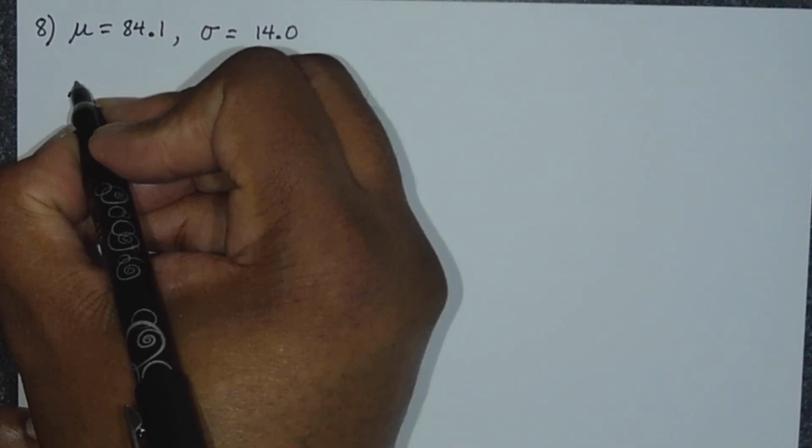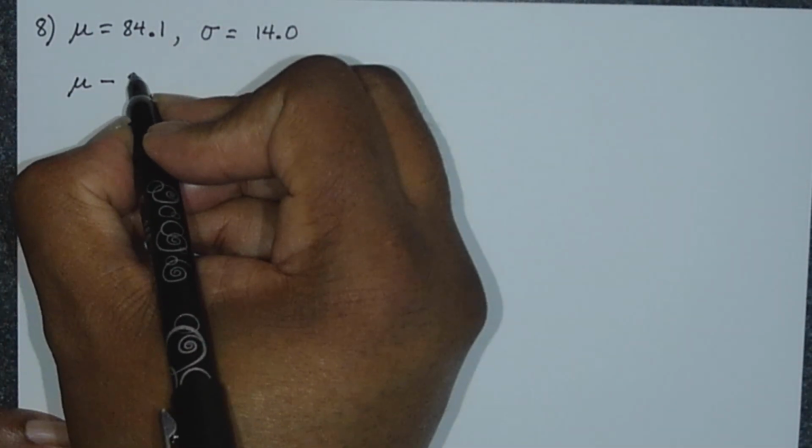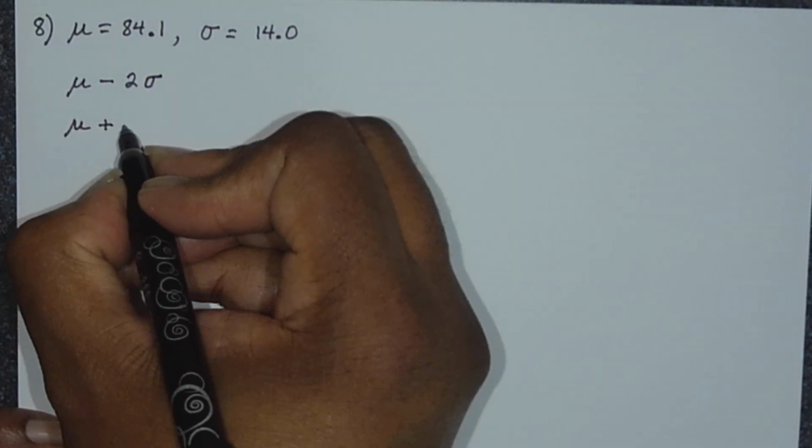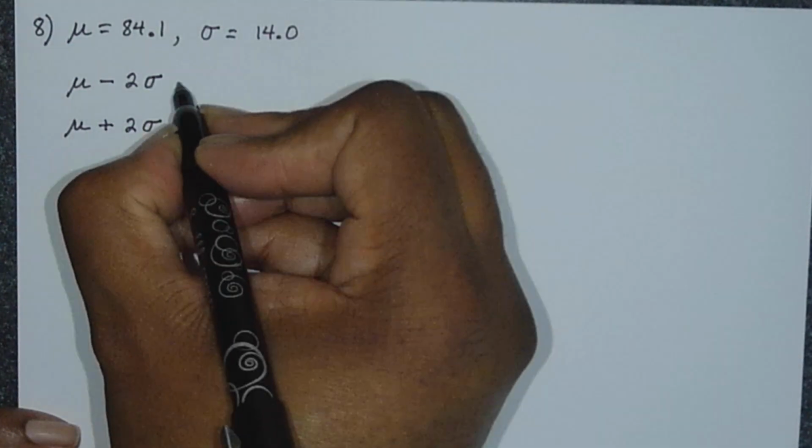Here we have to do mu minus 2 times sigma, and also mu plus 2 times sigma.